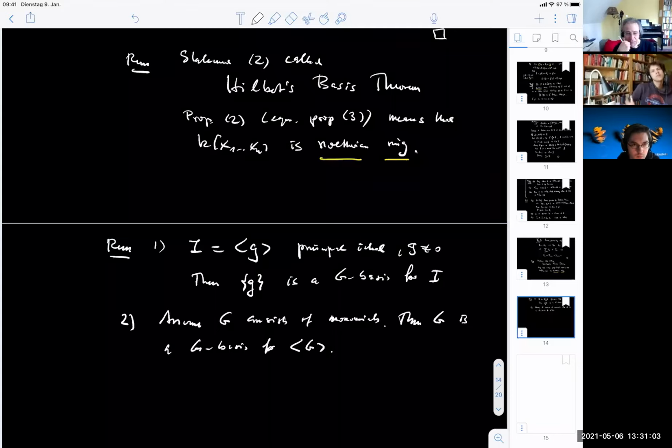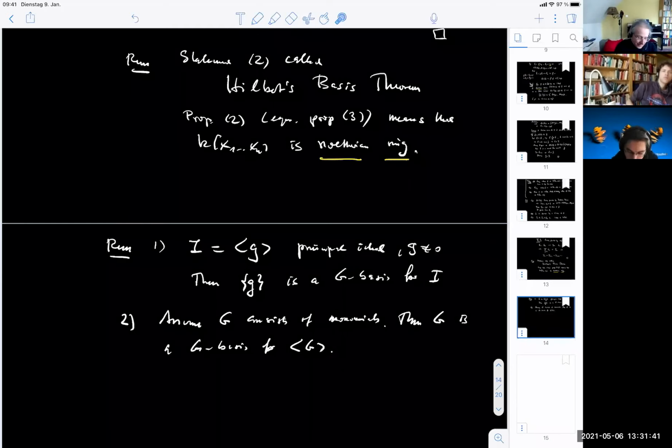There can be no funny cancellation. If I take a polynomial here, then I take its leading term. Because this is a monomial ideal, I know if a polynomial is in it, all of its terms must be in it. So the leading term must be here.